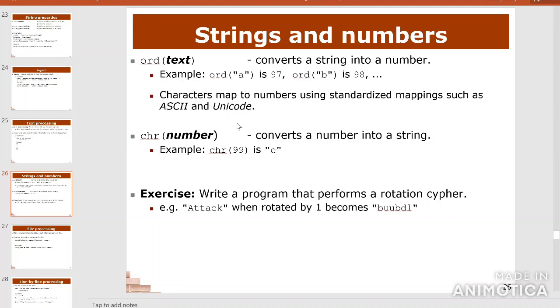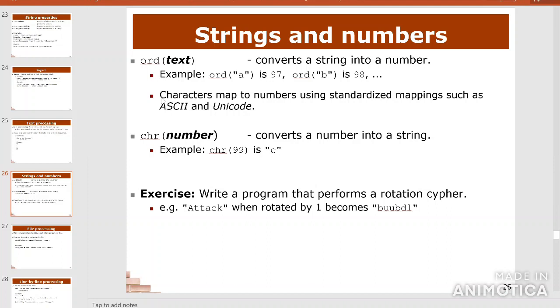In this exercise, you're supposed to use the ORD function and also the CHR function. The ORD function is used to convert a letter or a string into a number, the ASCII number.